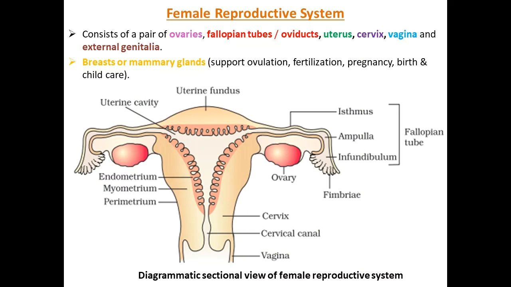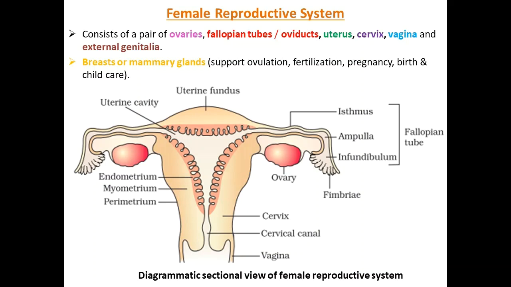These are the processes which work in an integrated manner, associated with the parts of the female reproductive system, and along with them the breast or mammary glands are associated. Is it okay?